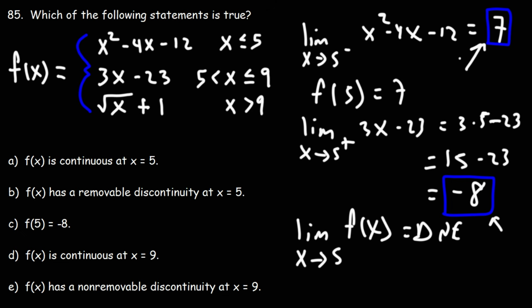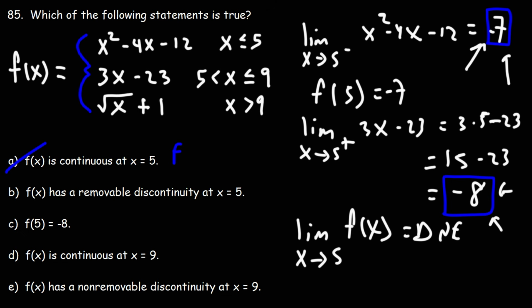By the way, this should be negative 7 instead of negative 8. I don't know why I have that. Because this is 25 minus 20, that's 5. 5 minus 12 is negative 7. So because the left-sided limit and the right-sided limit don't match, we have a jump discontinuity. So A is a false statement. It is not continuous at x equals 5.